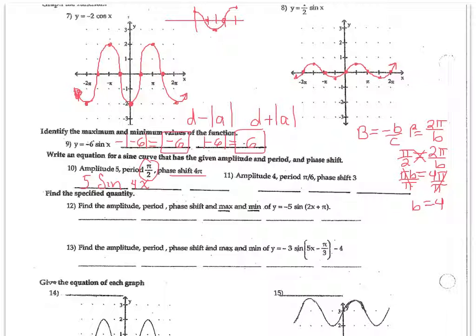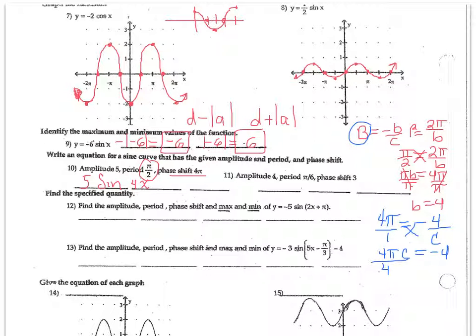Since I know that b is 4, and the phase shift is 4 pi, I'm going to substitute into the formula: 4 pi equals negative c over 4. When you cross multiply, you're going to have 4 pi c equals -4.